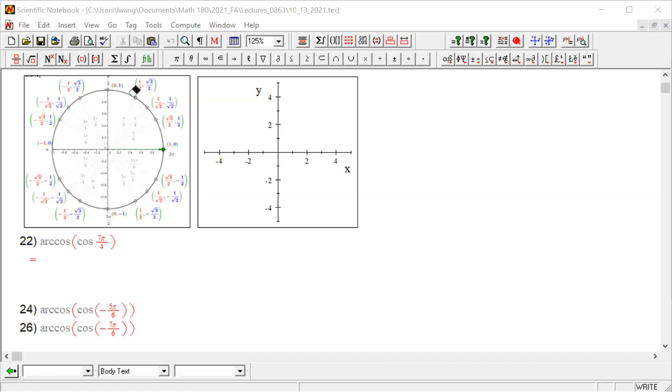Let me use the green still, right? It terminates in the fourth quadrant. Cosine 7 pi over 4. That's a terminal, right? So you can go straightforward, arccosine, and that's going to be 1 over root 2, positive.